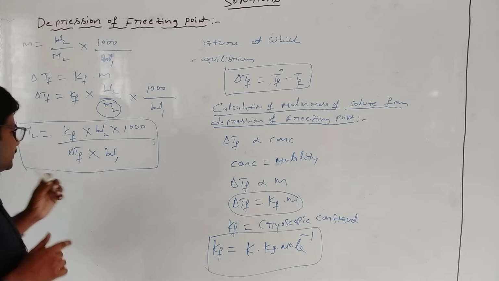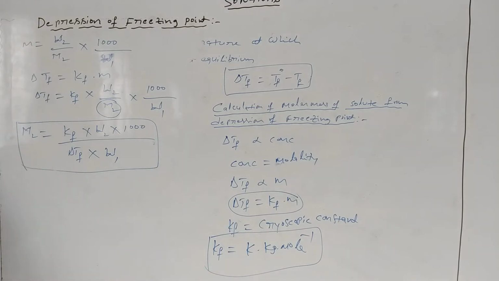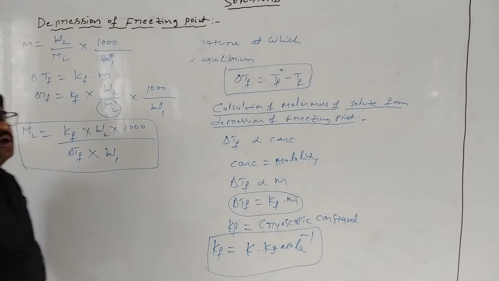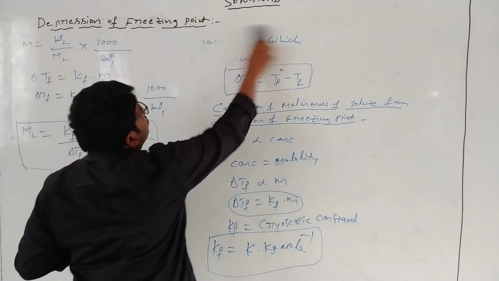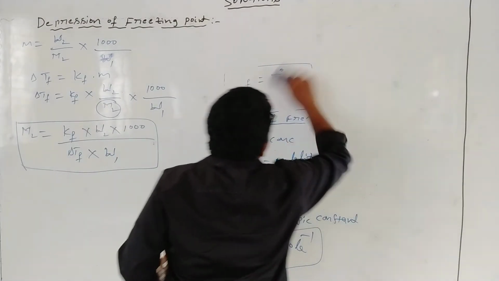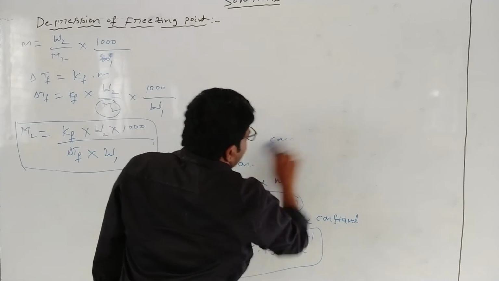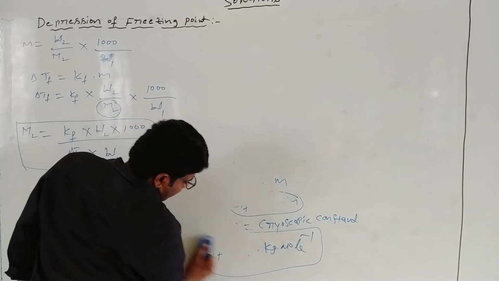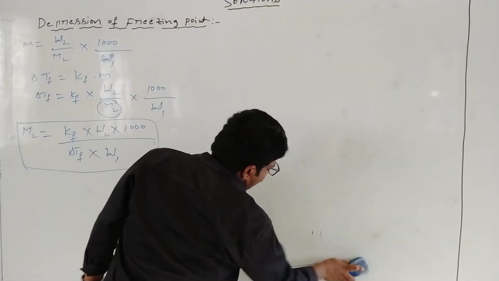Right. So next property is osmotic pressure. The last targeted property is osmotic pressure. Before that, we have to know what osmosis is.